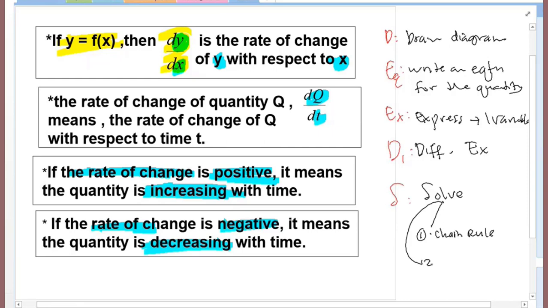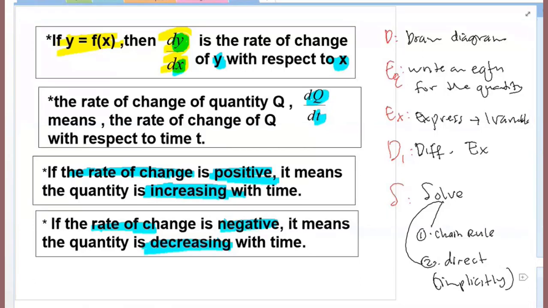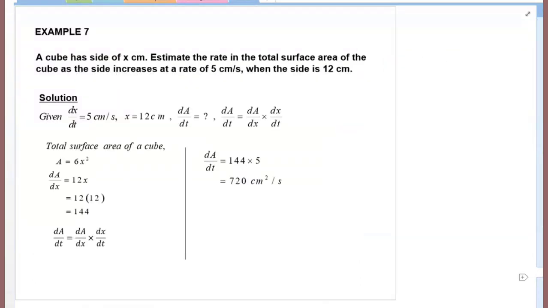The second method is direct, which means implicit. So we discuss both, chain rule and direct. Ignore the solution, close your eyes to the solution.